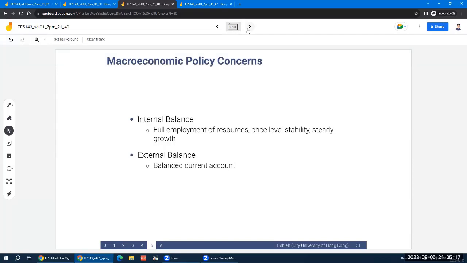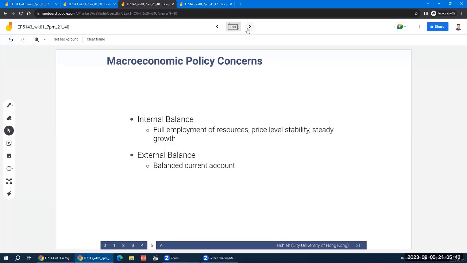The U.S., for example, only really cares about two things: full employment at 4% and price level stability at 2%. Most developed countries follow these targets. Some countries really care about price stability, and they will have so-called inflation targets. South Korea, for example, has an inflation target. Most developed countries don't do that.